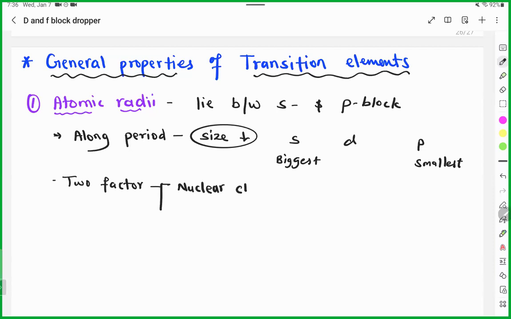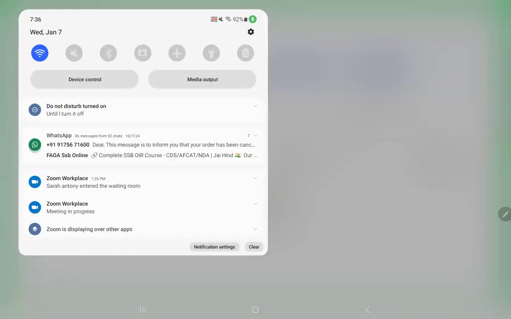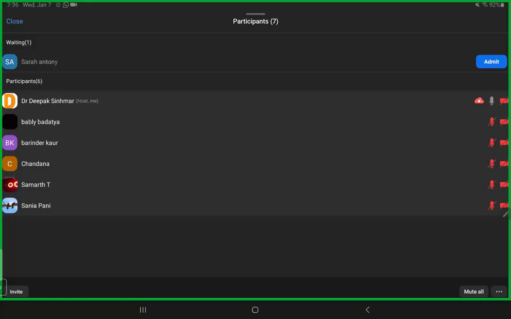Nuclear charge and shielding effect. Very important. Nuclear charge and shielding effect.